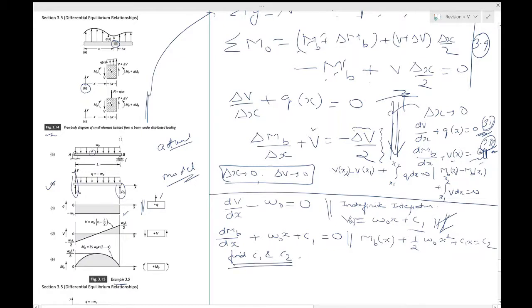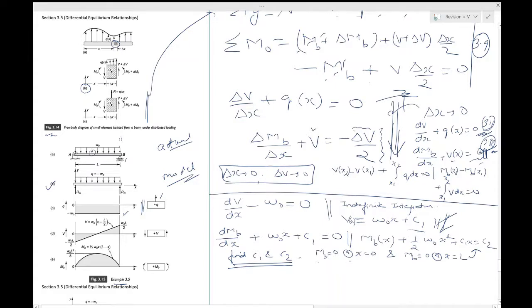So is there an easy way? Yes. One thing for sure is, irrespective of whether we have a shear force at the ends or not, there is definitely no bending moment at the ends, which is x equal to 0 and x equal to L. So we can write that MB is equal to 0 at x equal to 0 and MB is equal to 0 at x equal to L. Using these two conditions, we can find the values of C1 and C2.